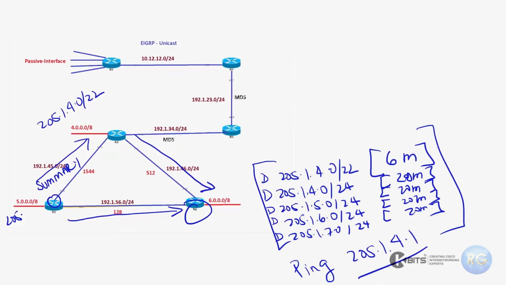Which path does it take? Does it go direct using the 20 million path, or does it use the 6 million path? The 20 million path? Isn't 6 better than 20?